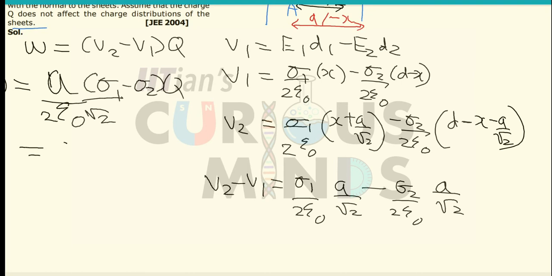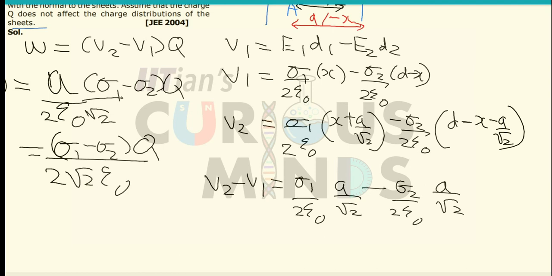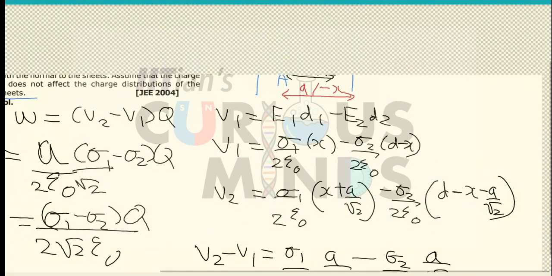If I rearrange this, I can write it as sigma 1 minus sigma 2 into q divided by 2 root 2 epsilon naught. This will be the total work done in displacing the particle from A to B.